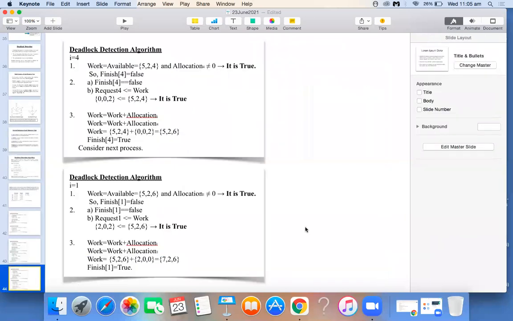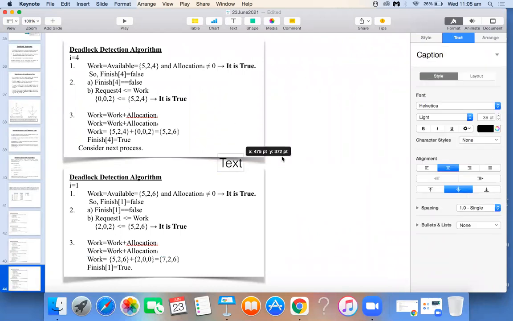Okay. So I will just write here for your reference. You have to write like this.